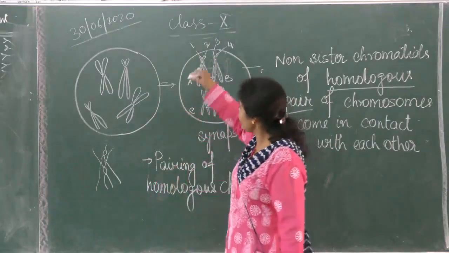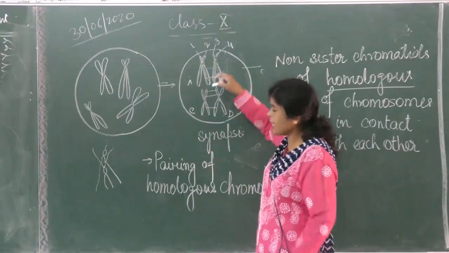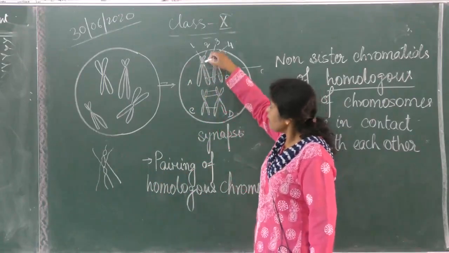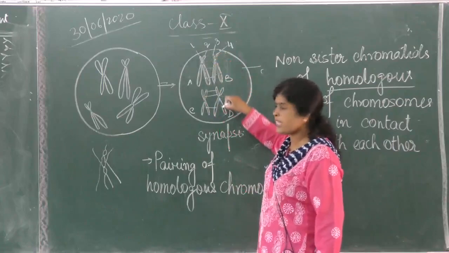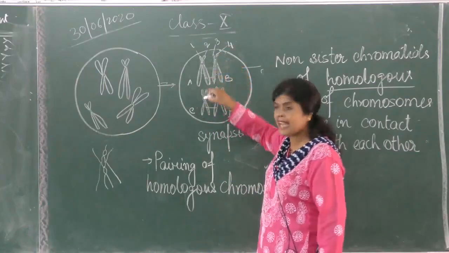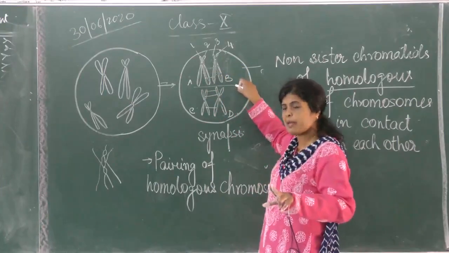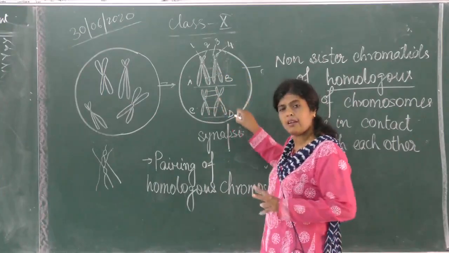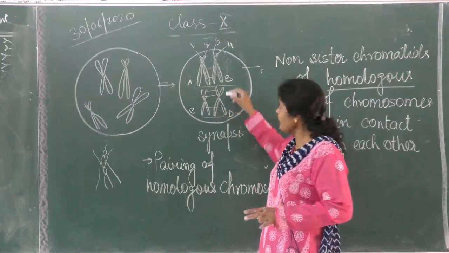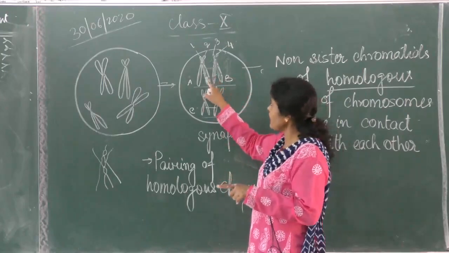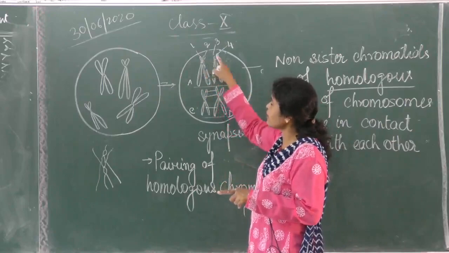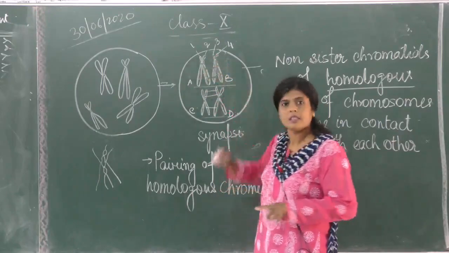That means we can never expect the exchange or coming in contact between chromosome A and chromosome D, B and C, or A and C. No, it is always between A and B because they are a homologous pair of chromosomes, and C and D because they are a homologous pair of chromosomes. And coming in contact is always between the non-sister chromatids, never between the sister chromatids.